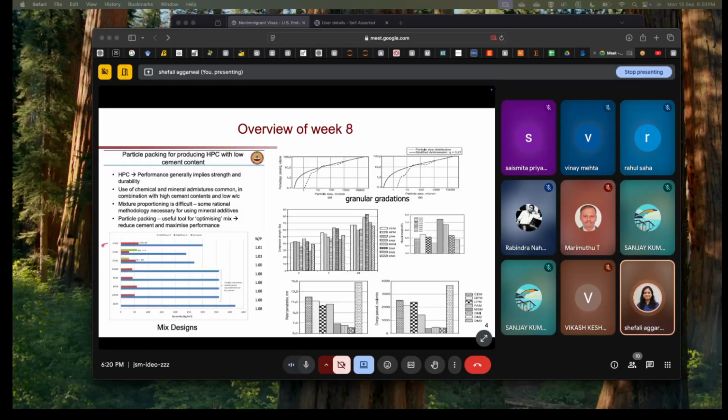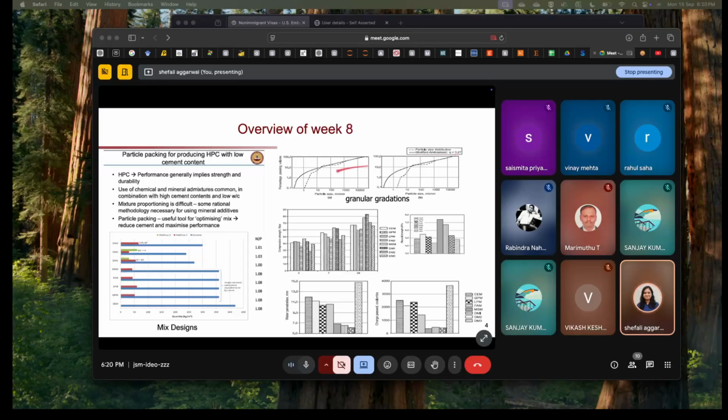So here we have different types of mixes, and based on these 8 types of mix design only, these results came up. The first thing which was calculated was granular gradation. I'm not adding all the 8 graphs here. These are only 2 graphs where you can see a model is already proposed to get the particle packing, which is the modified Andreasen model.